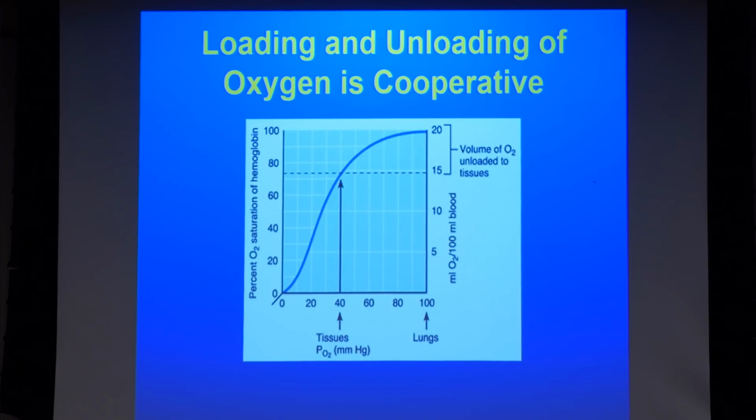When you look at this curve, what you want to think about is how tight the affinity is, how easy it is for those oxygen molecules to hang on to the iron atoms. For me, the easiest way to think about this is what's going to happen if we cool down the hemoglobin or if we warm the hemoglobin up. You can imagine if you have these iron atoms clinging to an oxygen, and then you start shaking the hemoglobin more and more through increased energy.